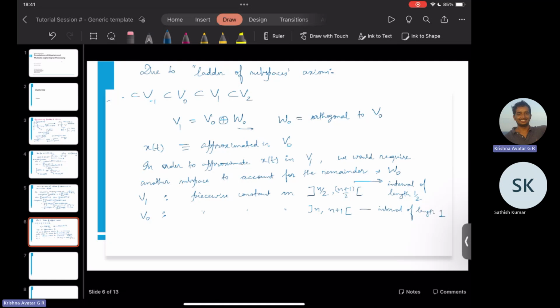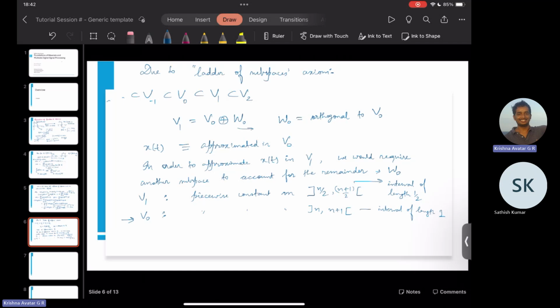If we approximate x of t in V naught, it will be piecewise constant on unit length.